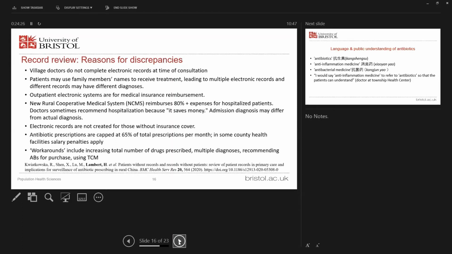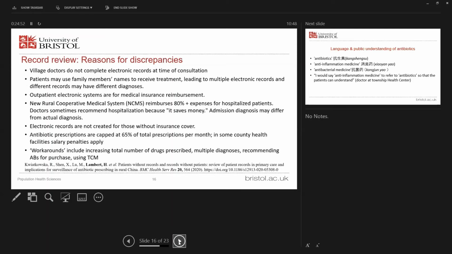And this accounts for why the level of matching on the specific antibiotic name was so high, because reimbursement for drugs prescribed will occur only if that is entered into the system. Whereas for other issues, such as the diagnostic differences, patients may use family names to receive treatment.